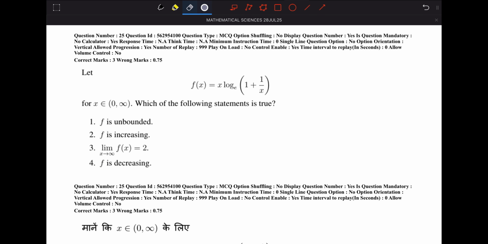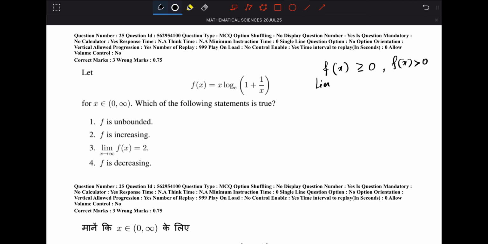Let us move on to the next problem, problem number 4100. Given a function f(x) equal to x times log of 1 plus 1 by x, let us check the first option. By definition f(x) is greater than or equal to 0; actually f(x) is strictly greater than 0.